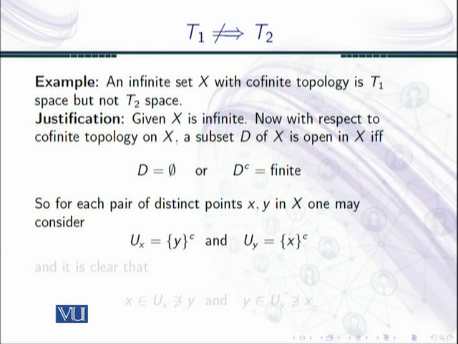And it is clear that x is the member of Ux and y is the member of Uy, but y is not the member of Ux and x is not the member of Uy. So it means that this space is T1 space. आपके पास ये space जो है वो T1 space है.